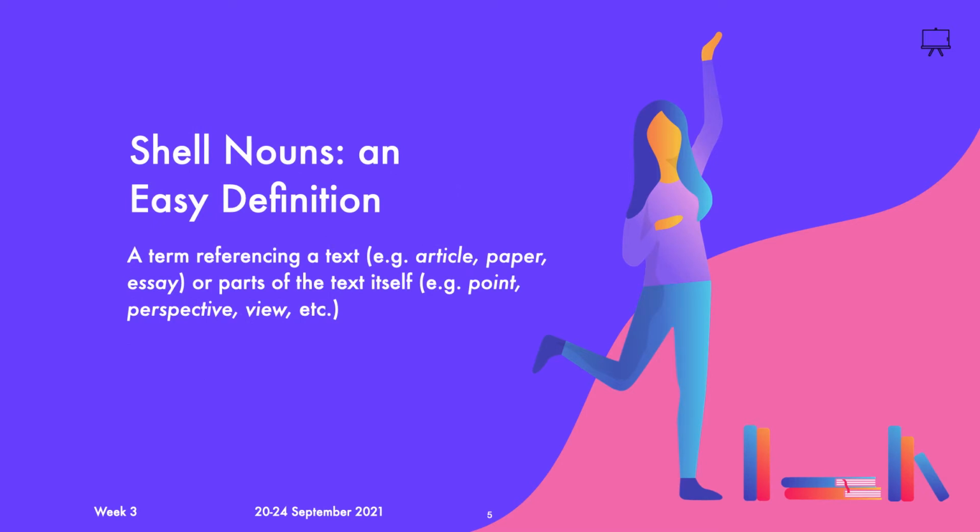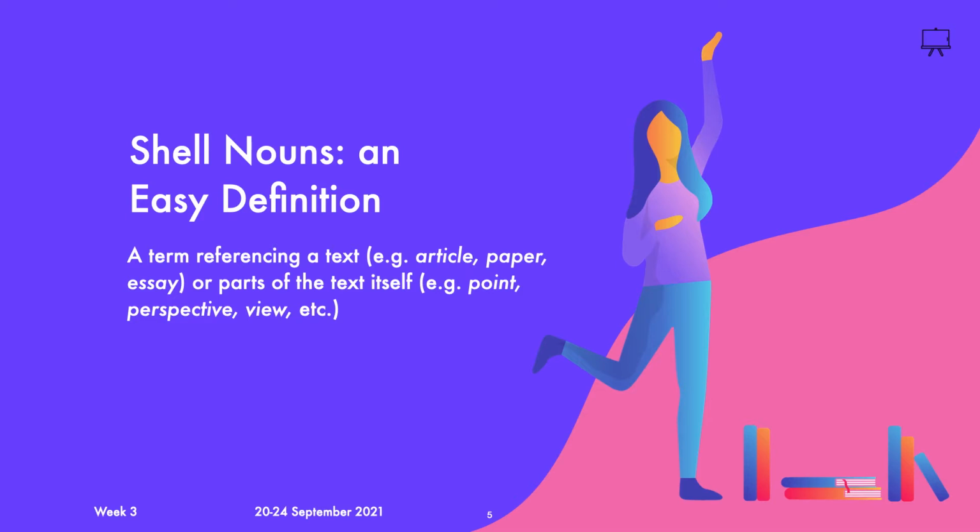But of course, to make life easier for you, I've got an easier definition for you. Shell nouns can be used for many aspects, as you will see in the next slide. But an easy definition would be nouns for referencing a text. For example, you may use article, paper, essay, or parts of a text itself.